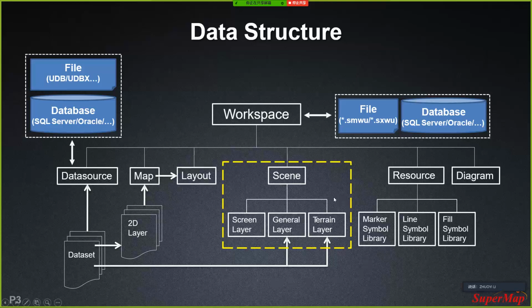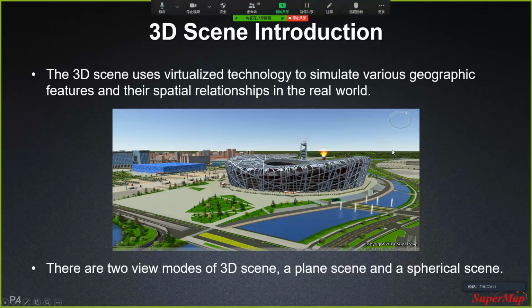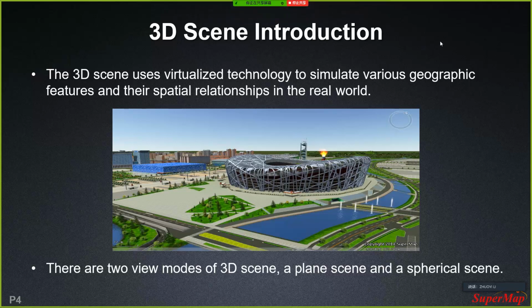So many types of layers can constitute the scene. 3D scene uses visualization technology to simulate the various geographic features and their spatial relationships in the real world. And it includes a plane scene and a spherical scene.